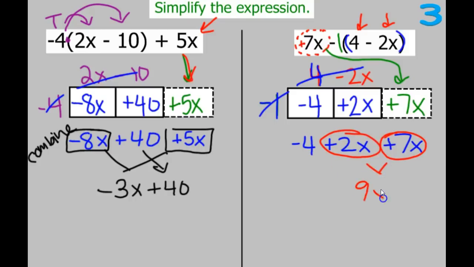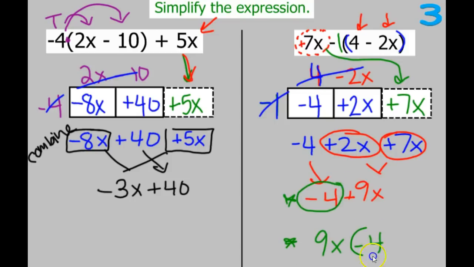That gives us a total of 9x. And we have this negative 4. Again, if we write the x's first, that would be the best. 9x and a negative 4. Either way, these are both the exact same thing. The 4 is negative, and the 9s are positive. Again, the reason why we put a negative 1 here is that's what's touching or multiplied by the parentheses.